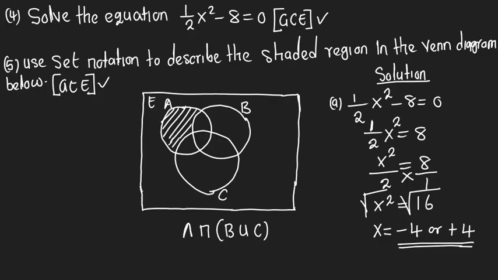So since the A is shaded, you put a complement. So this means A complement and open bracket of B union C, and you get your answer. That's all. Is it clear for everyone? The rest you practice.